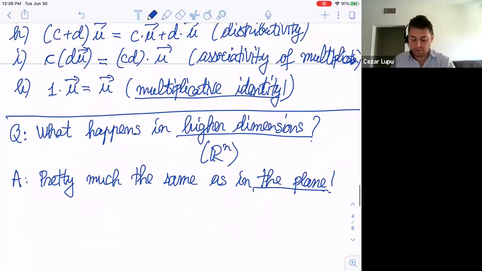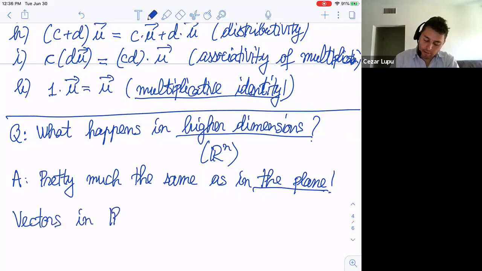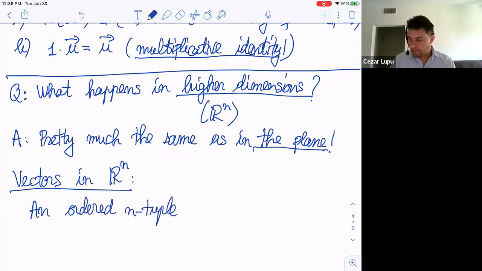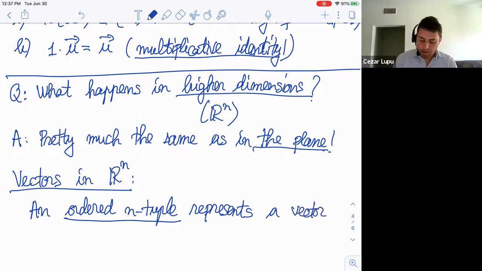I'm just going to say what it means for vectors in Rn. As you can imagine, the discussion from vectors in the plane can be extended to vectors in Rn. So let's see what a vector in Rn means. An ordered n-tuple represents a vector in n-dimensional space.